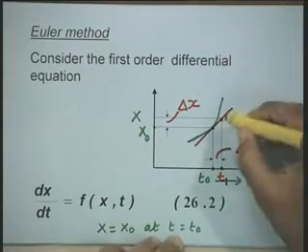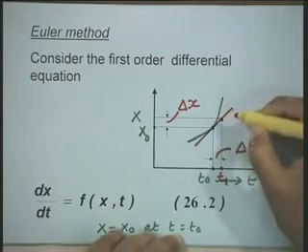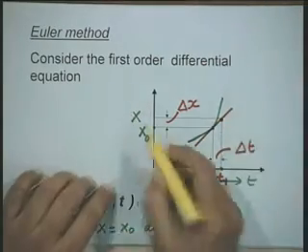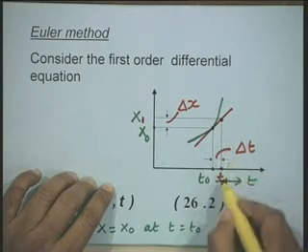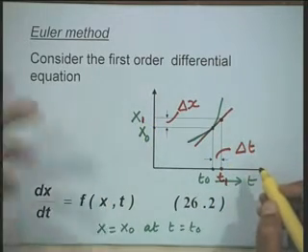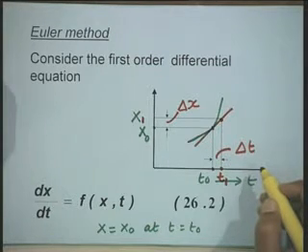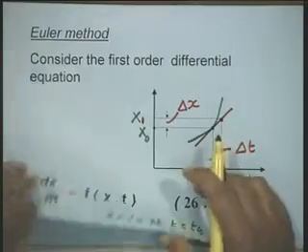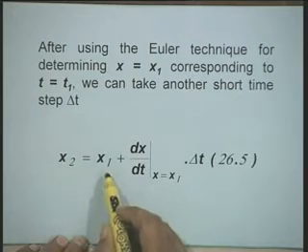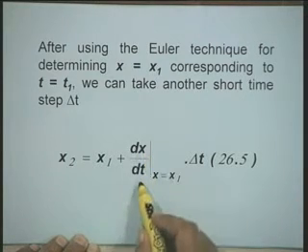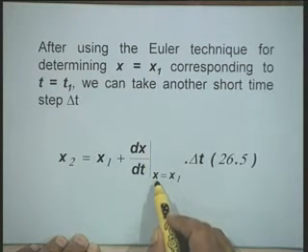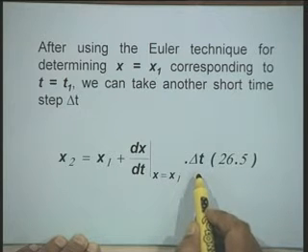For example, if you get this point, that is x equal to x1, I will call it x1 corresponding to t1. Now, if you want to find the next step, that is, you want to find x2 using x1, what is going to be our approach? x2 will be obtained as x1 plus dx by dt evaluated at x equal to x1 into delta t.